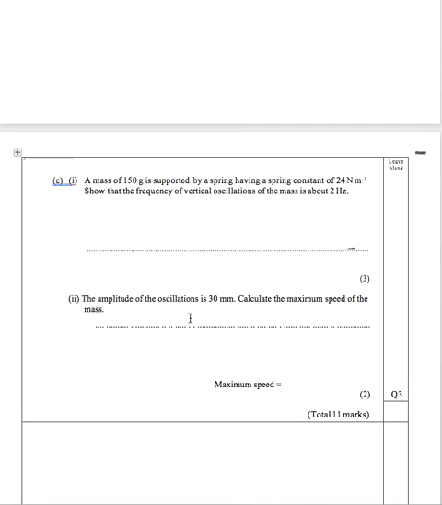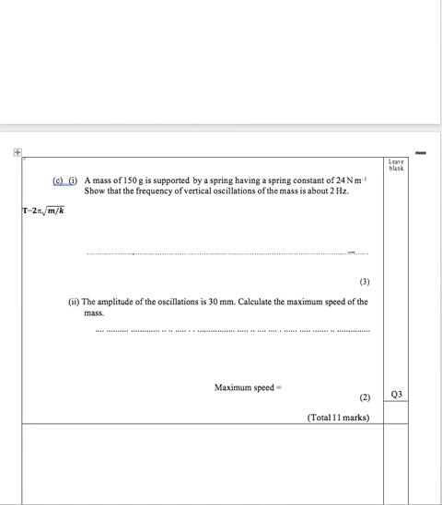Finally then, we have a mass of 150 grams supported by a spring having a spring constant of 24 newtons per meter. Show that the frequency of vertical oscillation of the mass is about 2 hertz. Well, we know from our earlier work that T is 2 pi root m over k.